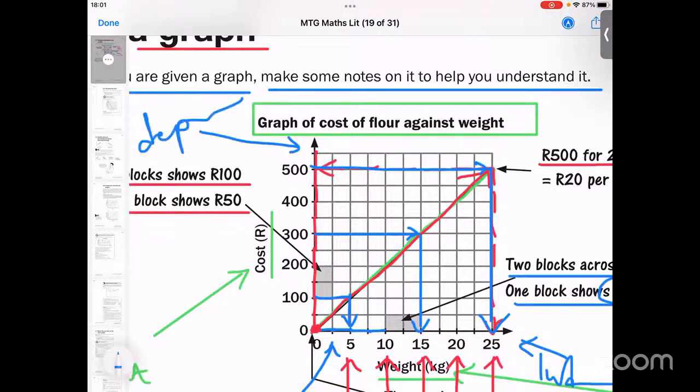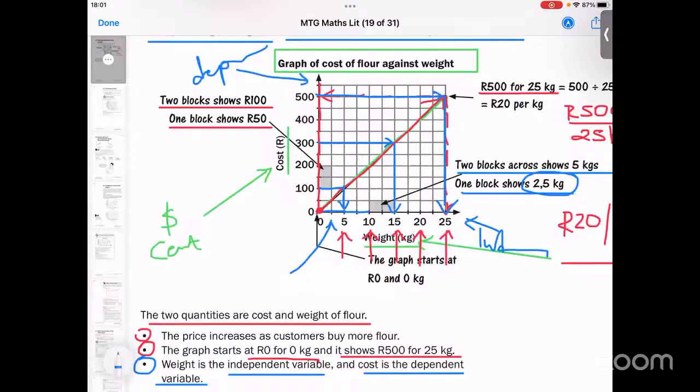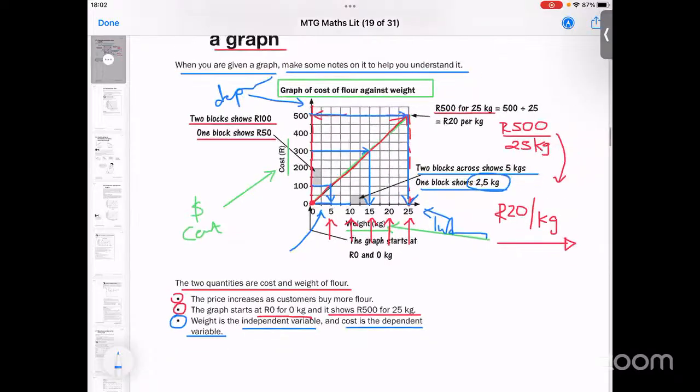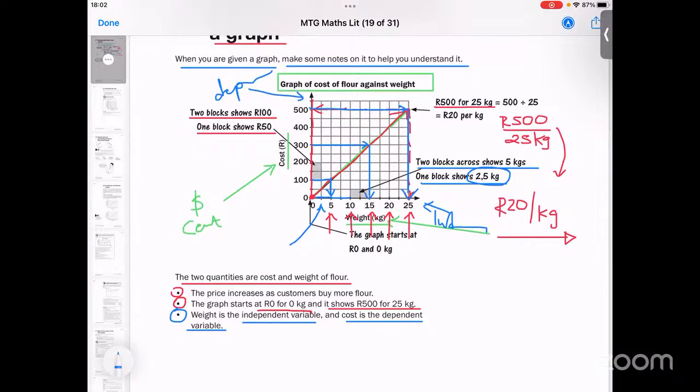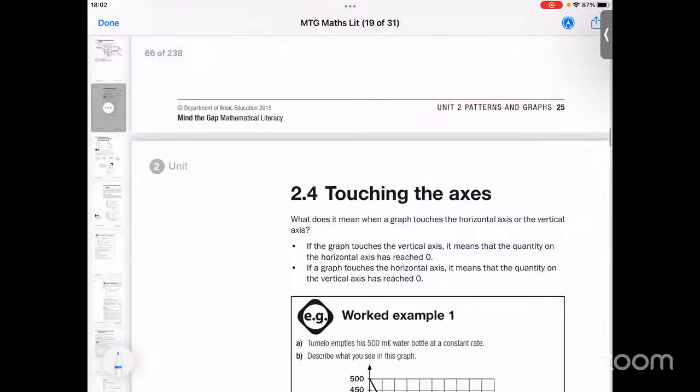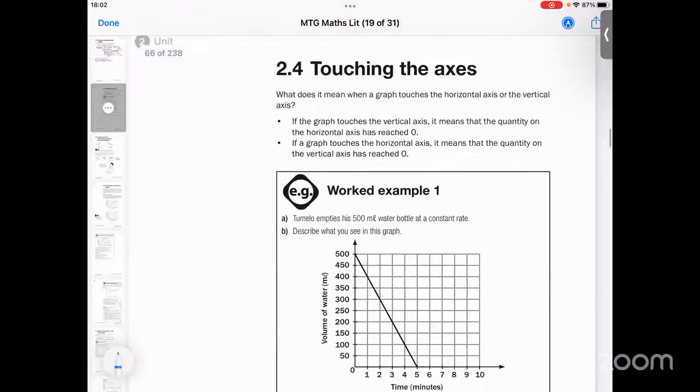So that means the cost depends on the weight. The weight does not depend on the cost. Hope that part makes sense. I think it will make more sense as we continue with our lesson for today.